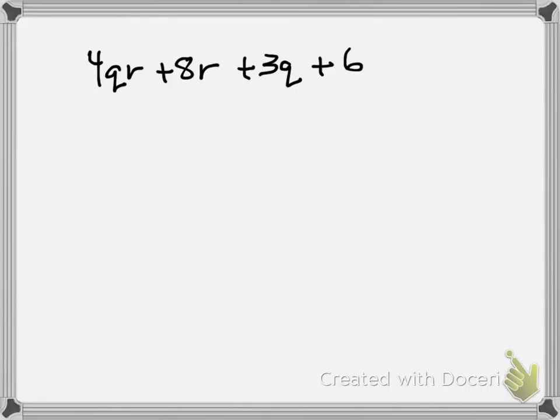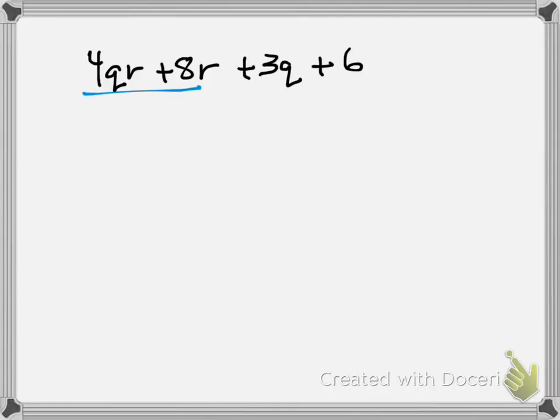Now, in my experience, often the way that the problem is written, the first 2 monomials have something in common and the second 2 have something in common. Sometimes all that a pair have in common is 1. That's okay. You can rearrange the terms to have them have something in common. But what I'd like you to try is, can I find something in common with the first 2 and the last 2? So let's look at that.